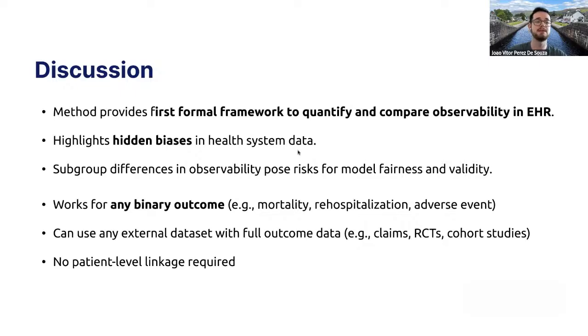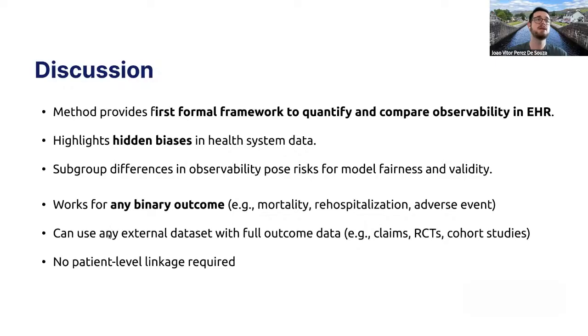We just assume that the health system data is good and let's use it. You can also see subgroup differences in observability, which can pose risk for model fairness and validity. And the good thing is that it works for any binary outcome. Like if you want to estimate mortality risk, hospitalization, adverse events, etc., this can be used to do that.